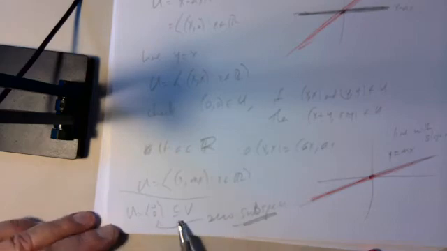And it's closed under vector addition: 0 plus 0 is 0. So you always have the 0 vector, the 0 subspace, of a vector space. And of course, the space itself is a subspace of itself. So every vector space always contains itself as a subspace, and the 0 vector is a subspace.